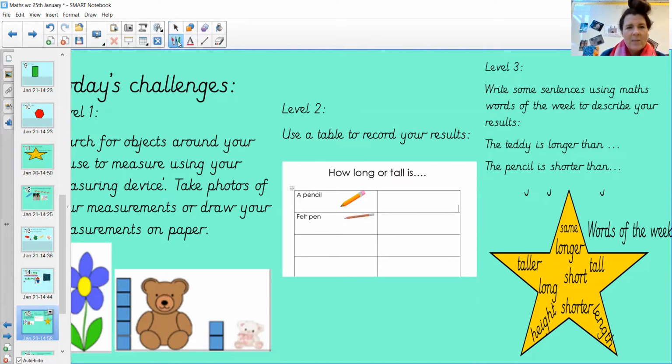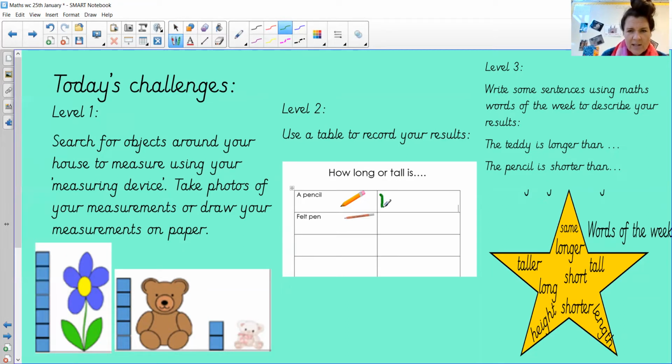Okay, so actually, let's see if I can get my pen. I'll see if I can write it small. So you get the idea. So 13 would go in here. And then cubes. And then because I want people to know that I did the length, okay, I could write the word long, couldn't I?